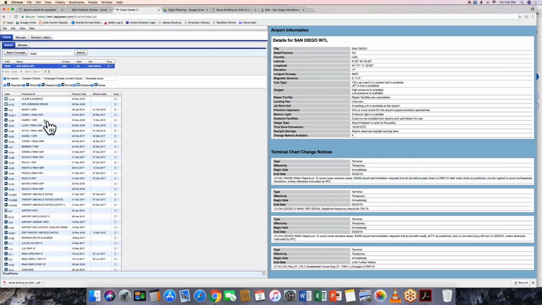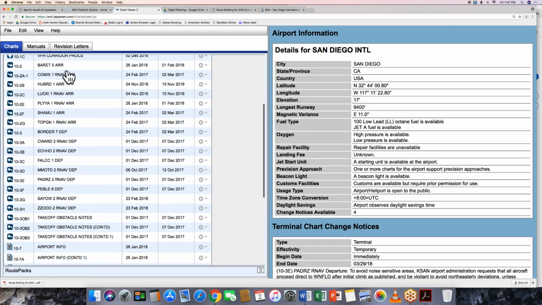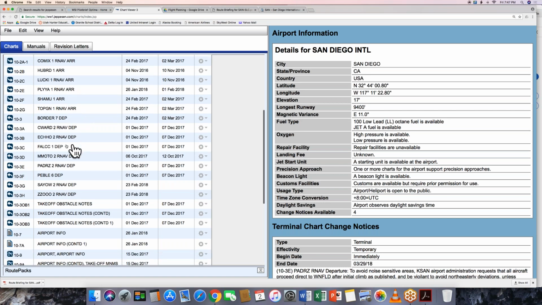So we just looked at the Border 7 departure. You can see here with Jeppesen charts, right here you have ARR, that stands for arrival, and then right here you have our departures, DEP. Okay, everybody see that? Everybody following? Okay, so all the DEPs are our departures. We're departing San Diego, we use a departure, and we just looked at Border 7.